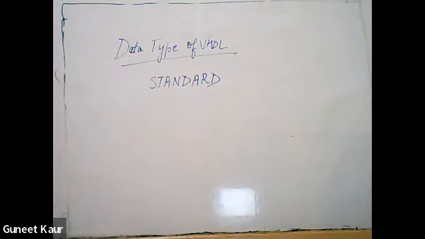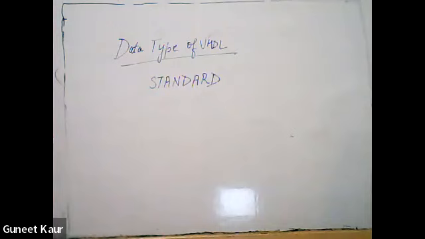New data types we can also declare in VHDL using the type declaration, and a set of operations on these can be defined by writing a function that can return values of this new type.